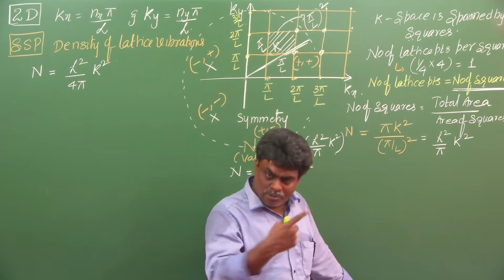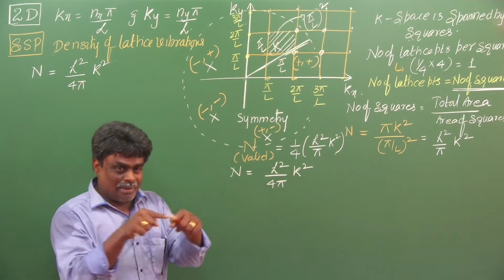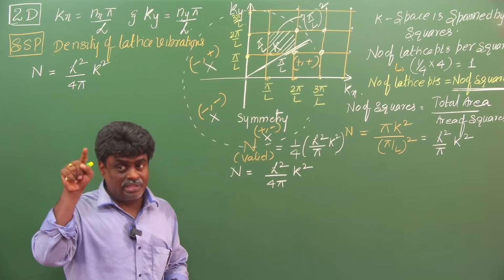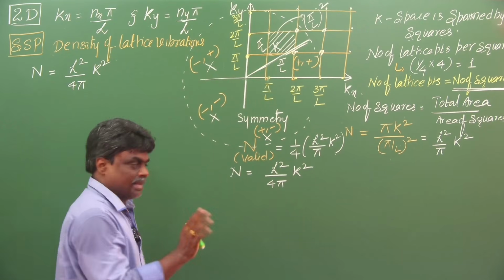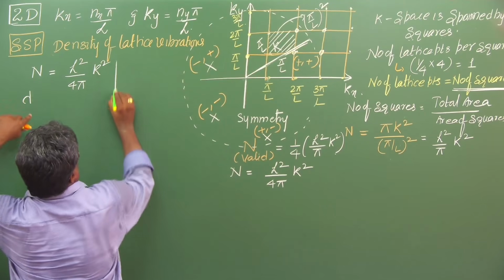No problem, both answers are the same, no need to get tension. But be careful: their formula contains 2 pi by L, our formula contains pi by L.